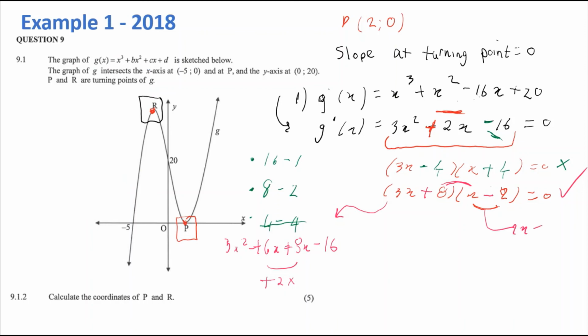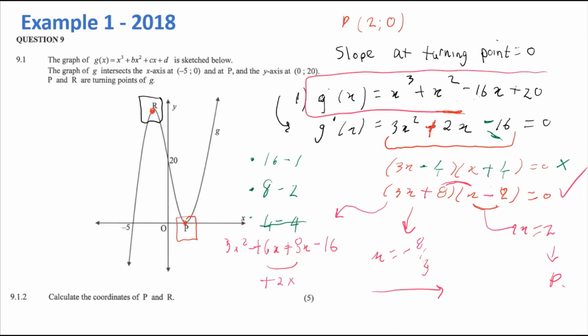Okay, so we have the value here of x equals 2, and that was associated to the point P, right, that we had already. And so the x value associated to the point R, well, x equals minus 8 over 3. Okay. What we have to do now is calculate the corresponding y coordinate. How do we do that? Well, we just plug in minus 8 over 3 into this general equation of g(x).